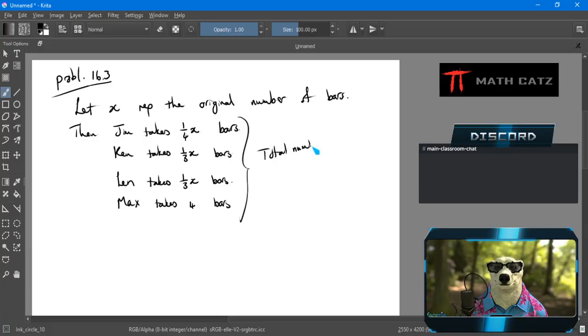While you are thinking, I will write the sentence. Total number of bars, thinking time's over. What is the total number of bars? It's not silence. No, it's going to be something related to a number.